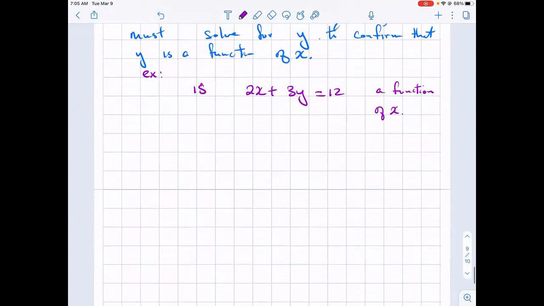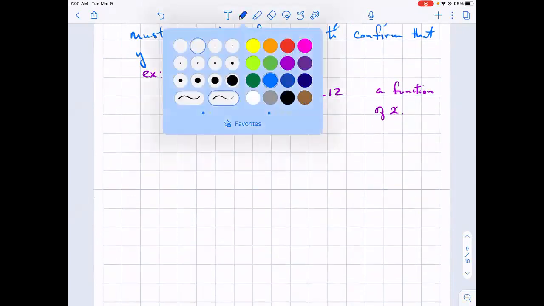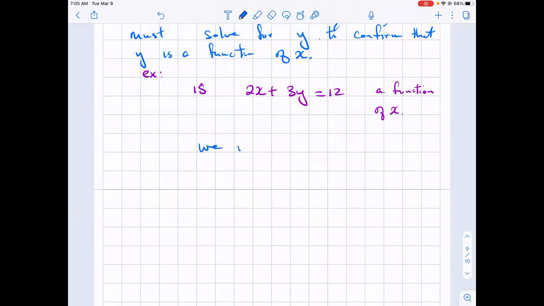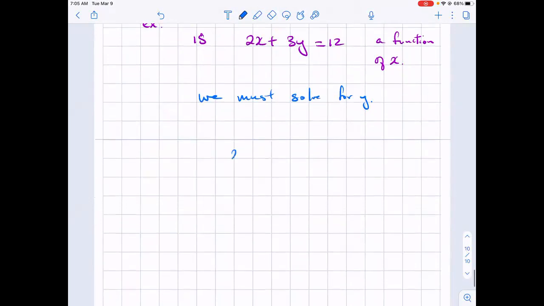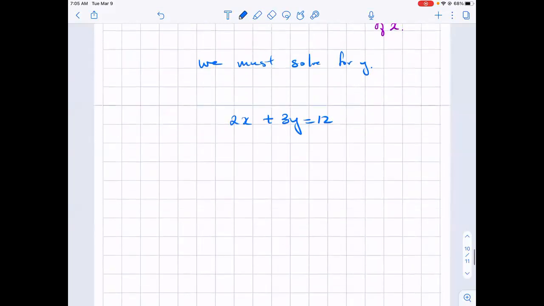If it's a function of x, we must solve for y. So if we have 2x plus 3y equals 12, if we minus 2x on both sides, we will have 3y is equal to minus 2x plus 12.